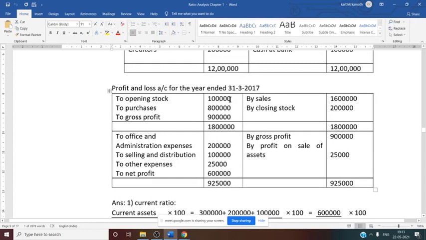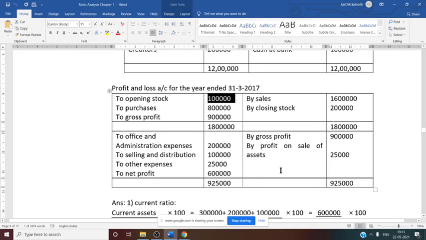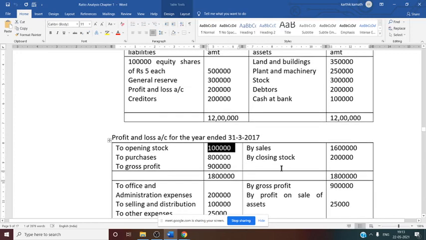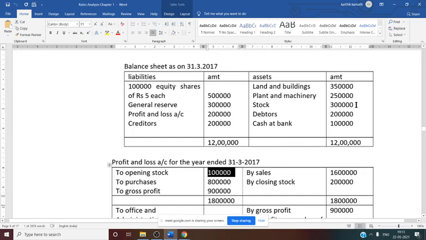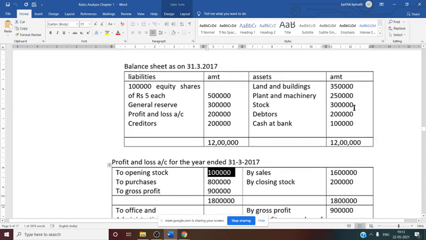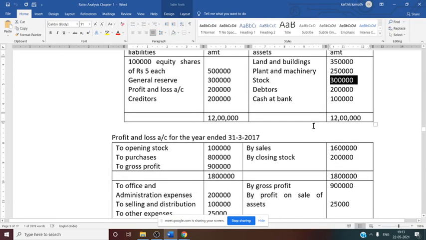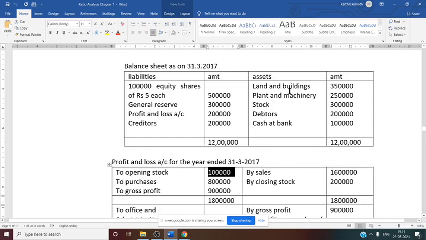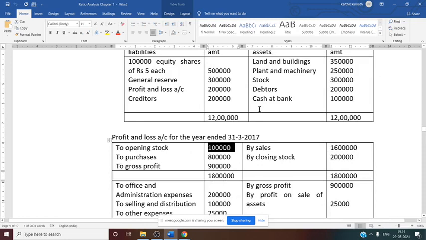If you see the P&L account, the opening stock value is 1 lakh. The closing stock value is also given in the balance sheet, that is 3 lakh. But in the P&L account itself the closing stock is given. So if you see here in the P&L account, both pieces of information are given.